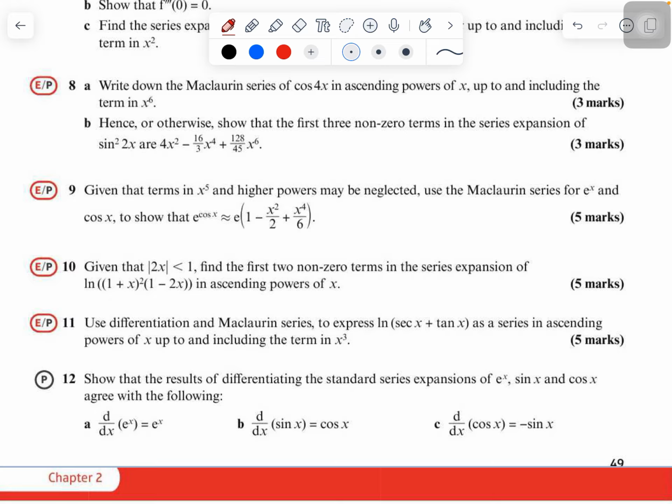Okay, so now cos 4x becomes 1 minus (4x) squared over 2 factorial plus (4x) to the power of 4 over 4 factorial minus (4x) to the power of 6 over 6 factorial plus blah blah blah, like this.